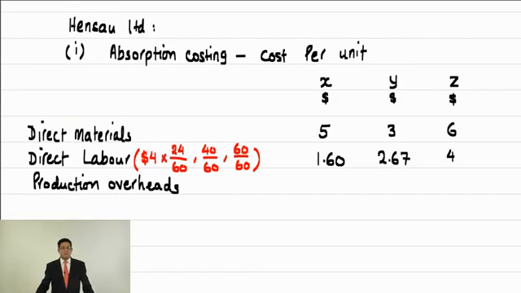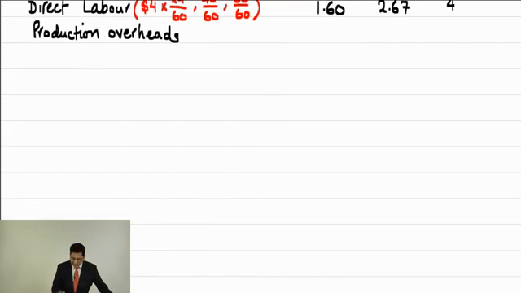Now we are looking at the production overheads. Remember, under absorption costing, we apply one overhead absorption rate, and in the question it said based upon labor hours. So first of all, here is the formula for the production overhead absorption rate.